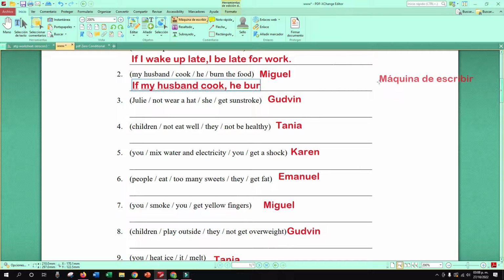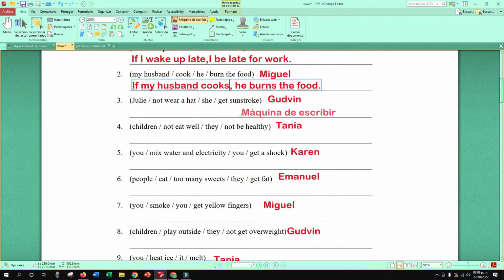Burns. Because that is third person, right? He burns the food. Excellent, perfect, Mr. Miguel. So, remember that you need to write down the comma after the if clause. If you switch and you write first the main clause, no comma. Cooks, right? Excellent, Mr. Miguel.